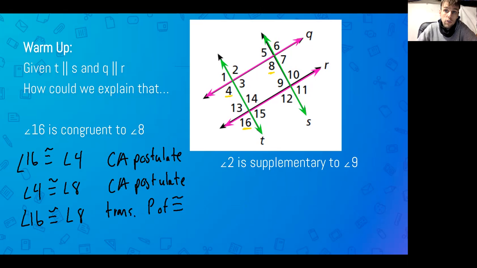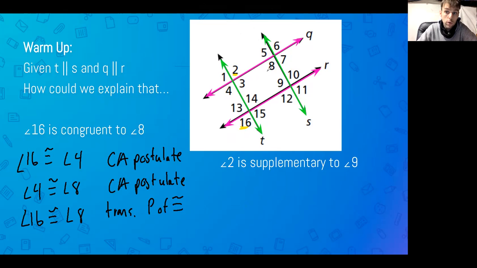That's not the only direction that we could take this proof. I just want to illustrate that we could have done this in a couple different ways if we wanted to be a little fancier or something like that. So let's say instead, we could say that angle 16 and angle 2 would have to be congruent because they are alternate exterior angles.